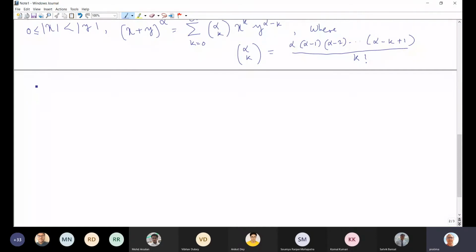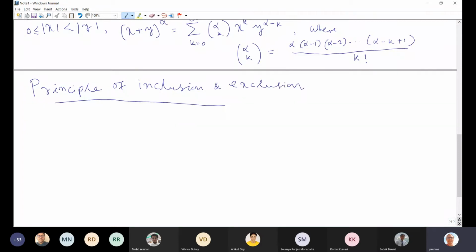So this is the principle of inclusion and exclusion. What is the principle of inclusion and exclusion?